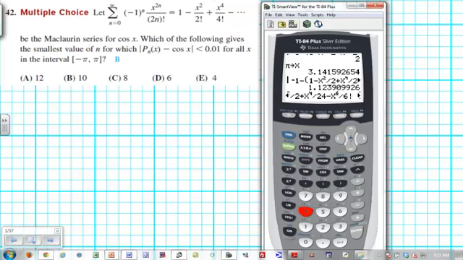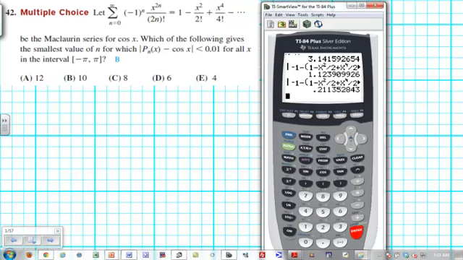So now we go to the 6th order, and we're looking at that error. Again, the expression I'm evaluating is the absolute value of -1, the real value of cosine at pi, minus the polynomial that's going to estimate it.